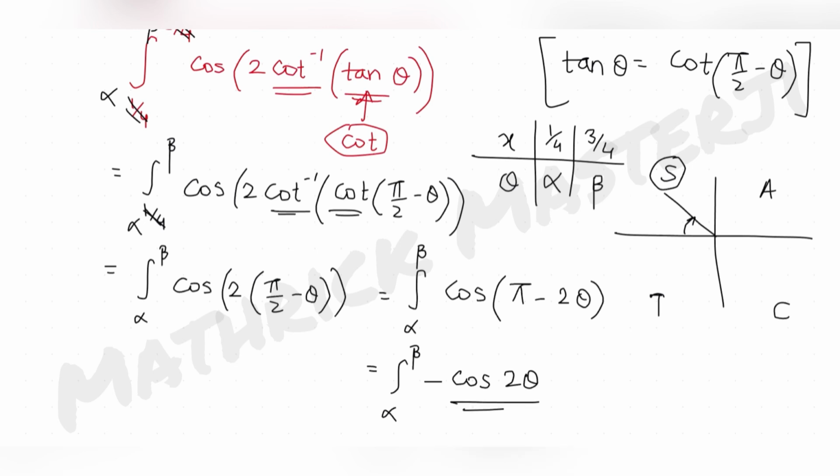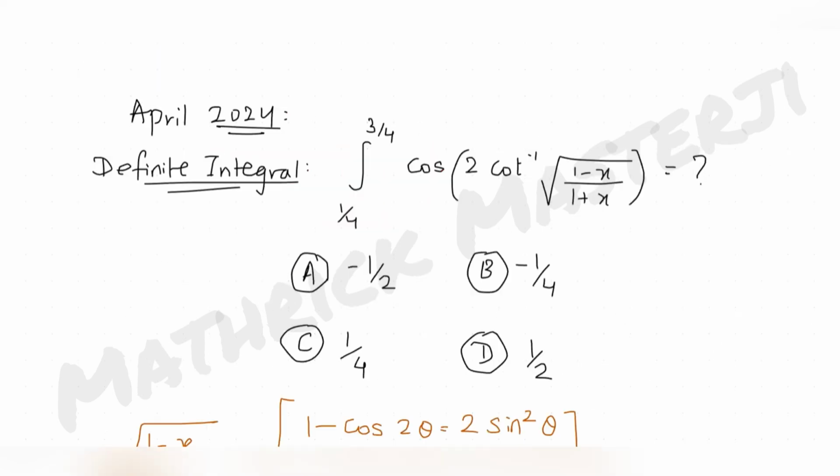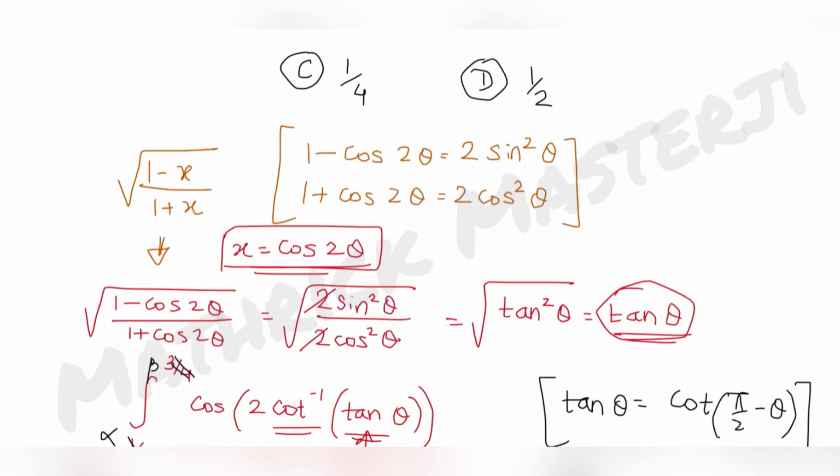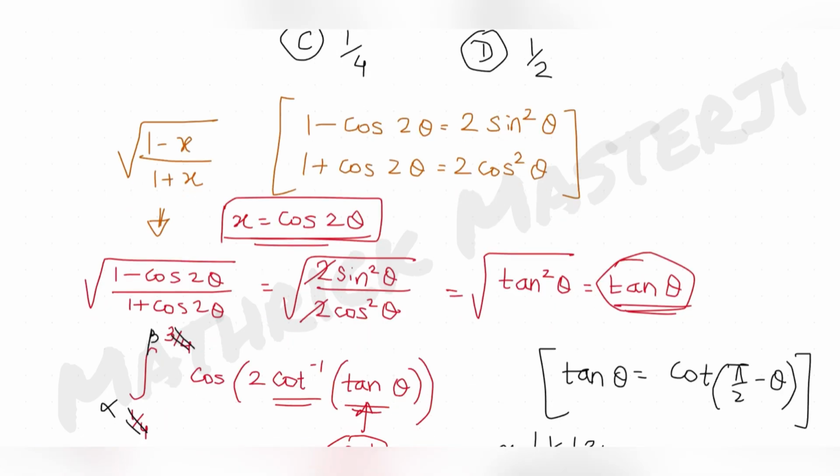And one more thing we have to take care and consider here is that when you have dx with us, we also have to write the entire thing in terms of d theta. So since I have put x as cos 2 theta, if I differentiate it, I get dx as minus sine 2 theta into 2 d theta. So I have to substitute that also when I'm writing my integral.